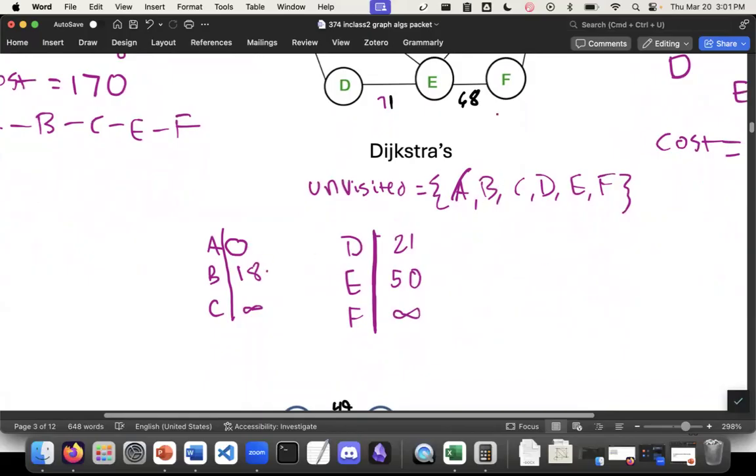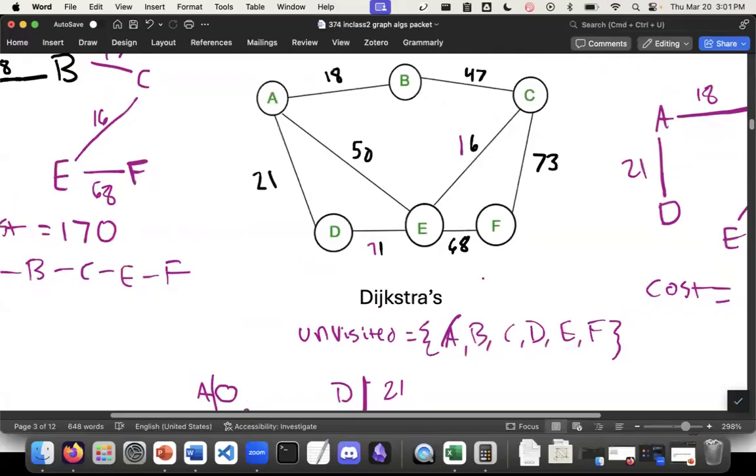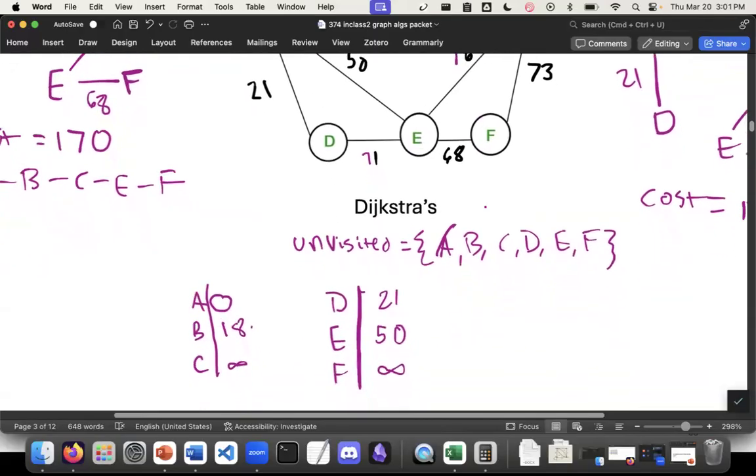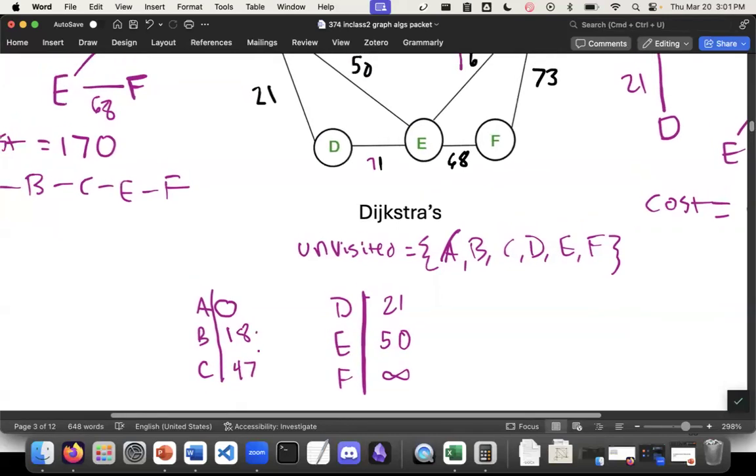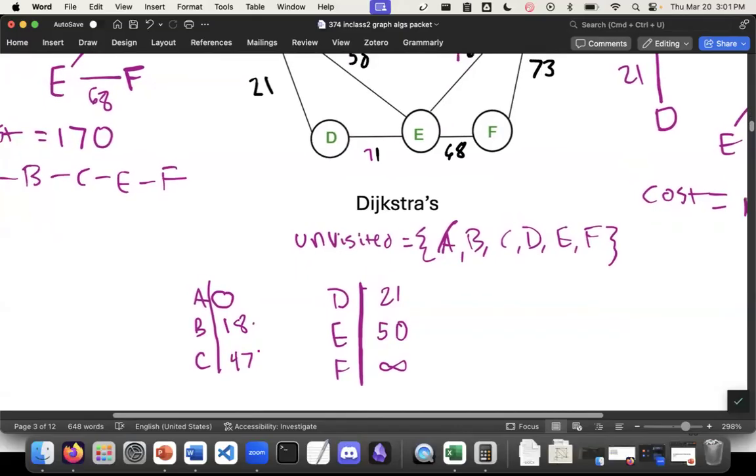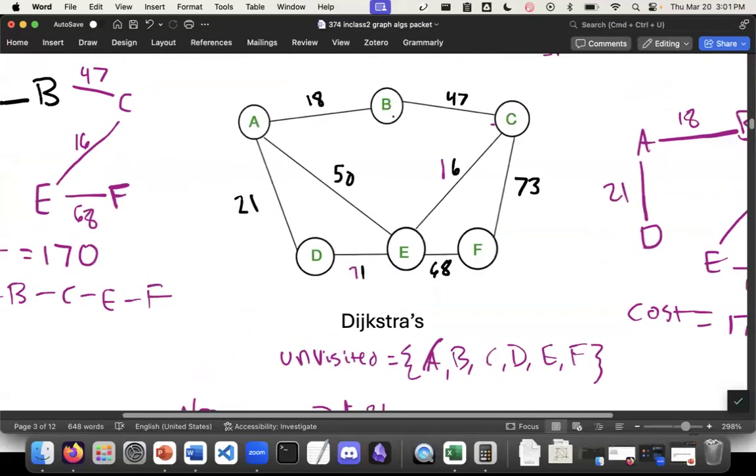So let's look at B. From B, now we can reach C, for 47, and can we do any updates? I think the answer is no. There's no way to update any other value because we can only get to C from B.